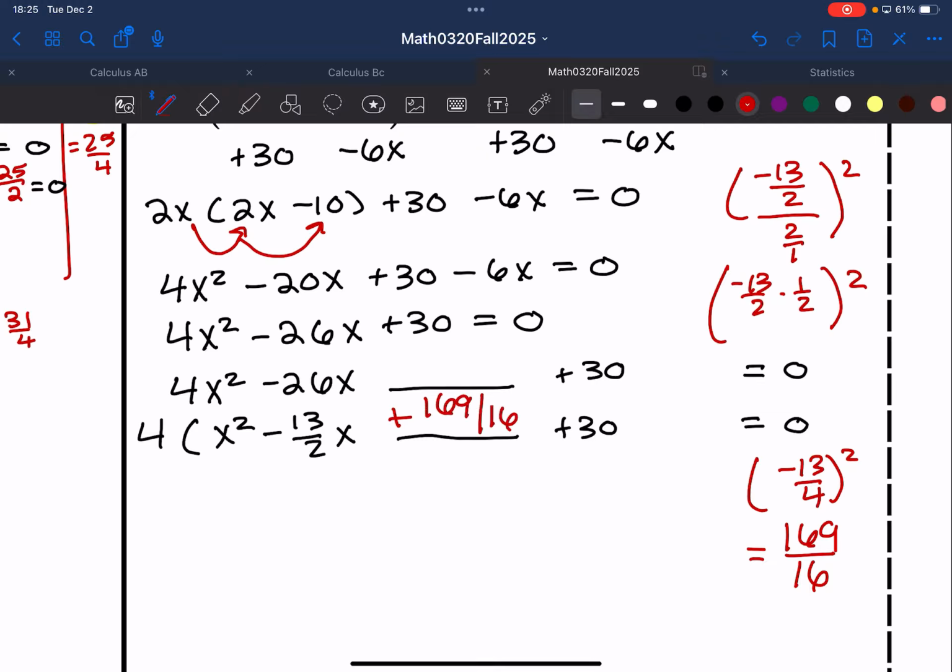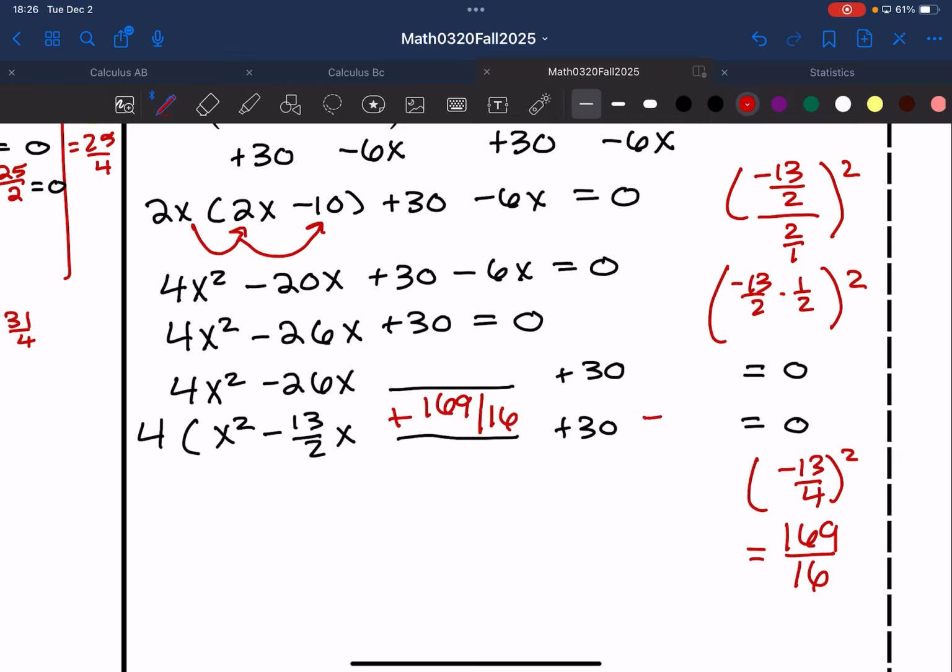Are we going to subtract that value or a different value? Something with the 4, right? So it'd be 4. It'd be 4 times 169 over 16, which, since it's 4 times a fraction that has 16 on the bottom, that's the same as, okay, we can reduce this by dividing by 4, so it becomes 169 over 4.